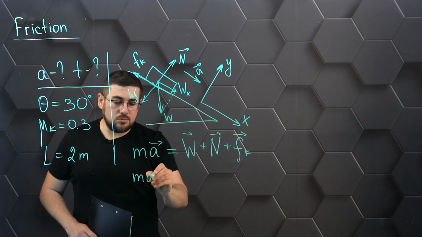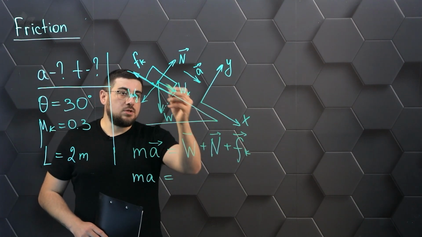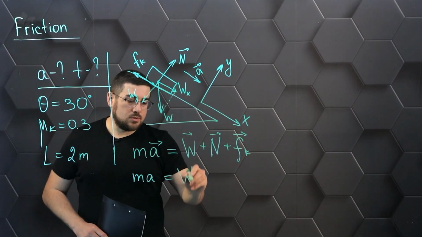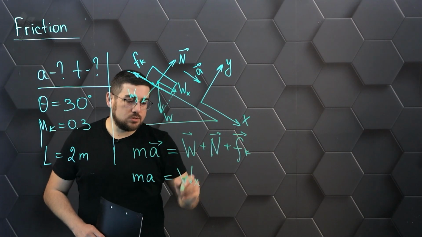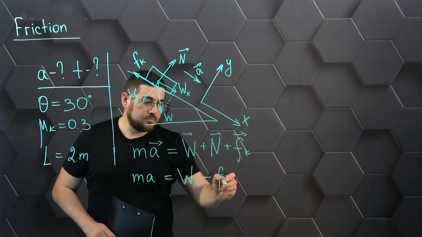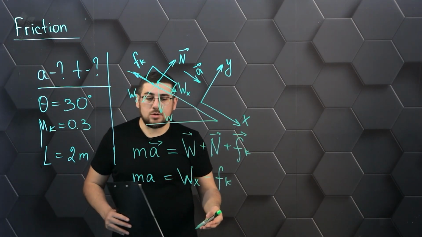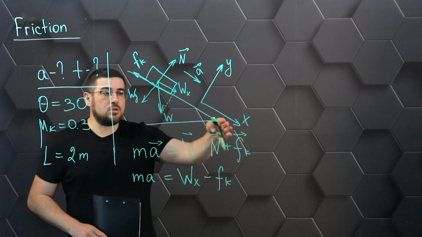The acceleration has a positive sign, so let's leave it with a plus sign. Further down, the positive projection of the force of gravity on the x-axis acts downward and the friction force acts with a minus sign. The support reaction force goes to 0 in this case because it acts perpendicular to x.